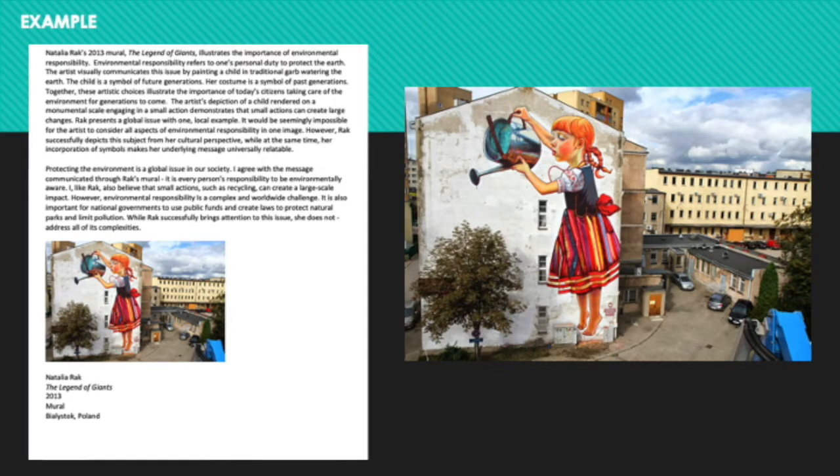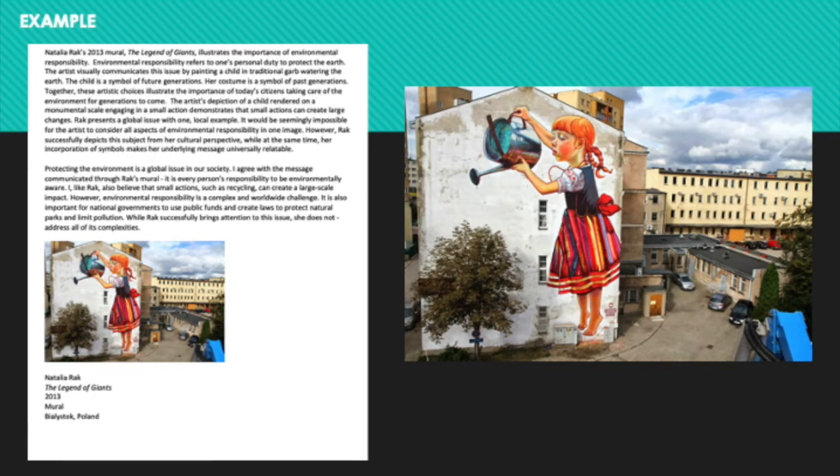You also need to define this issue and then state the visual evidence that makes you draw this conclusion. This means describing an aspect of the work that explicitly seems to lead you to conclude that this is the issue that is being presented in this artwork.